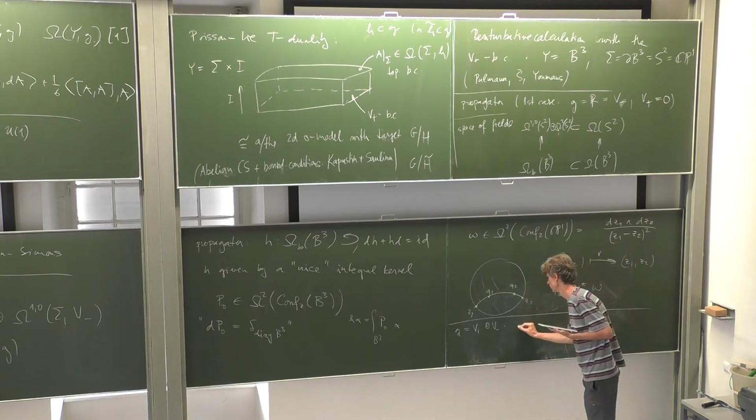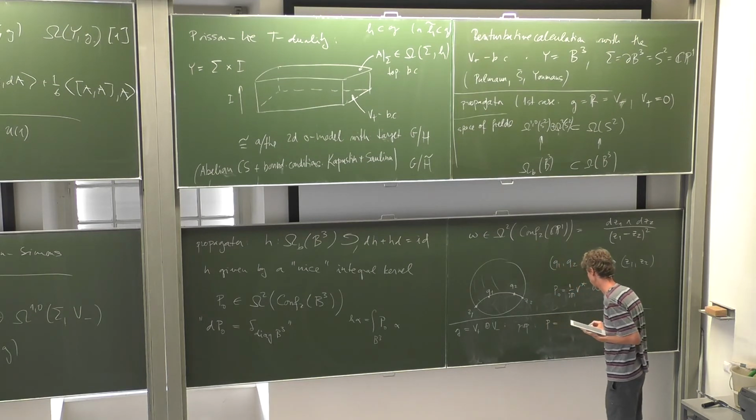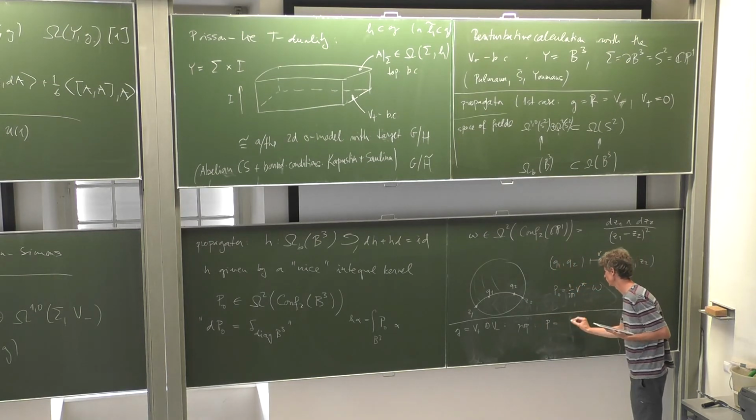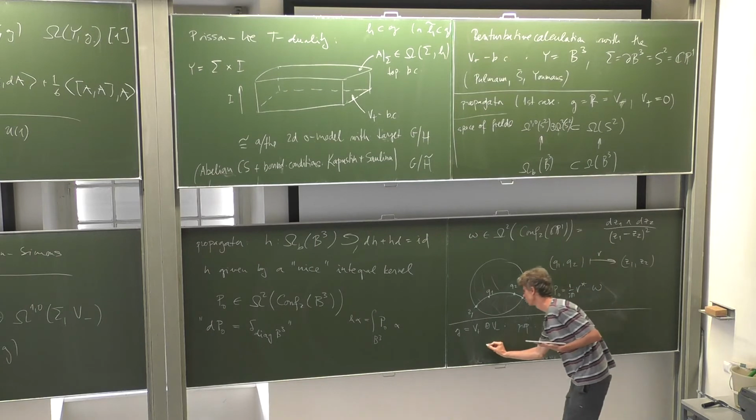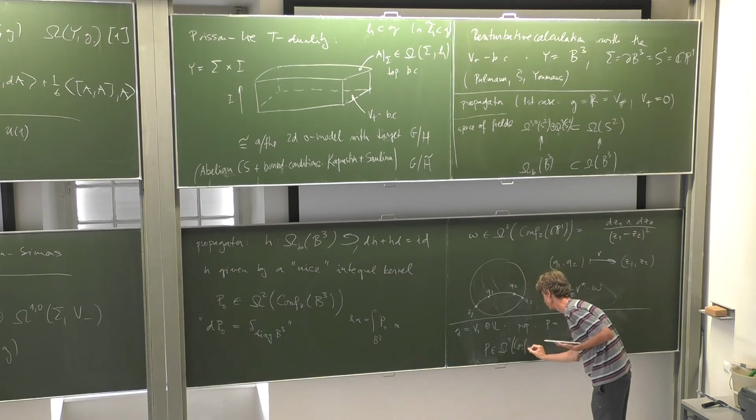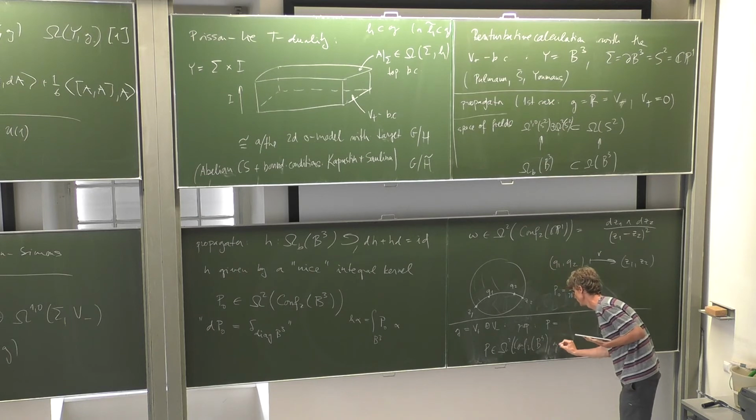The propagator p is a 2-form on the configuration space B3, but with values in G tensor G.